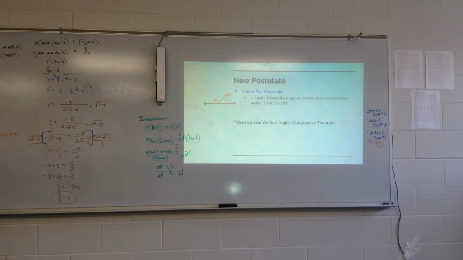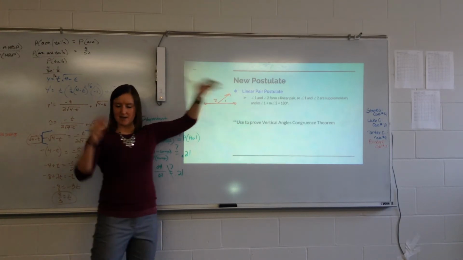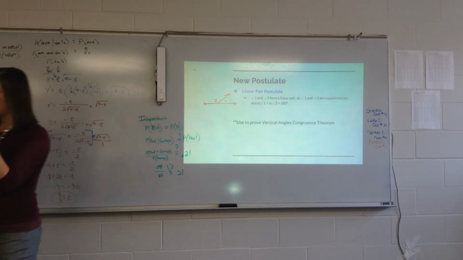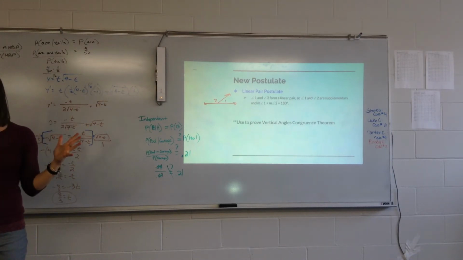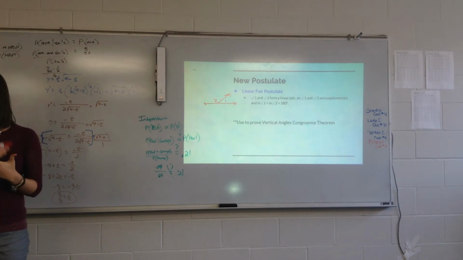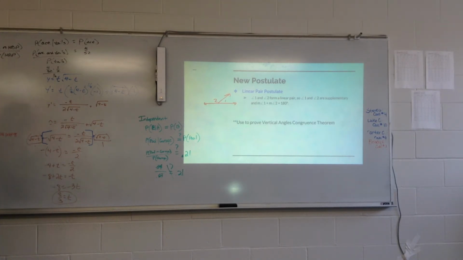So we knew that, but instead of going through proofs saying, well, this because it's supplementary, then this because linear pair, now we can just use linear pair postulate because it tells us linear pairs add up to 180. So to prove that vertical angle theorem, we're going to use that postulate because there's a bunch of linear pairs.